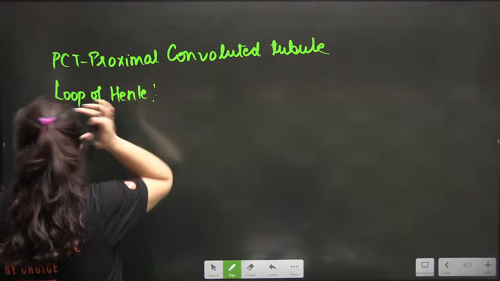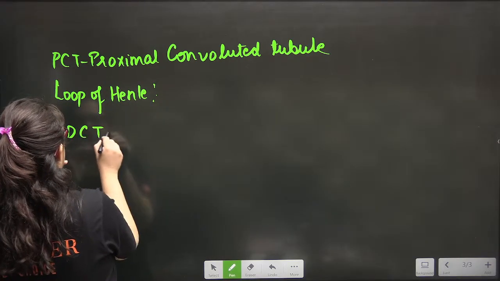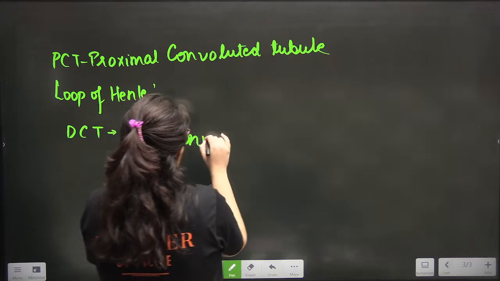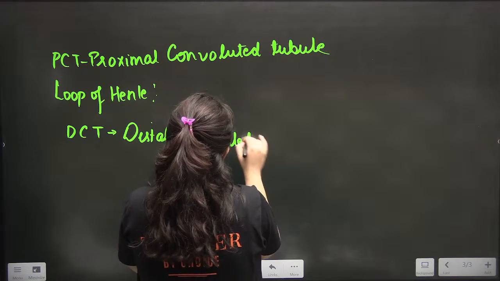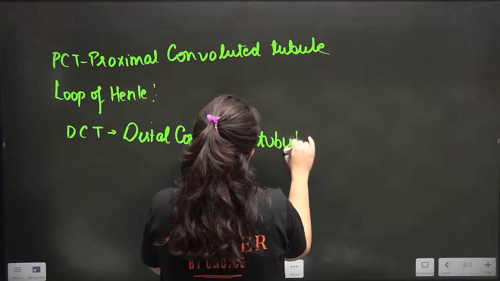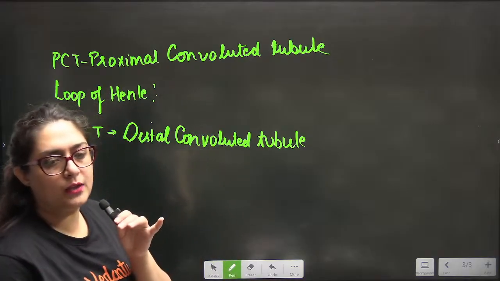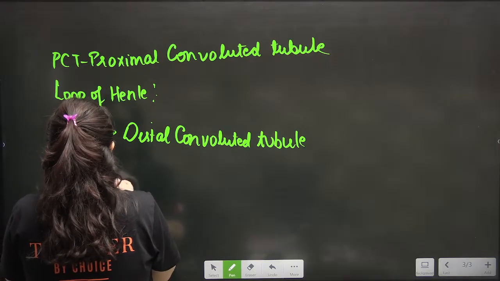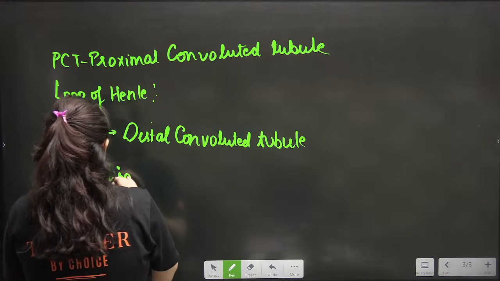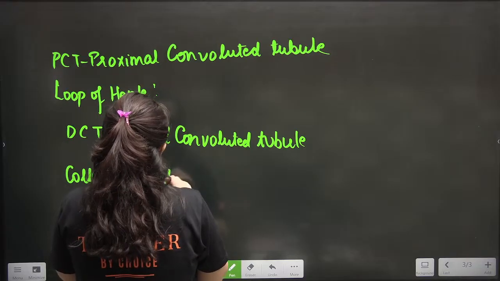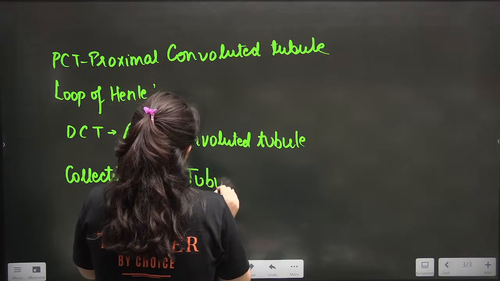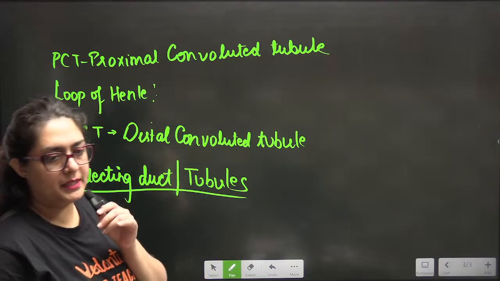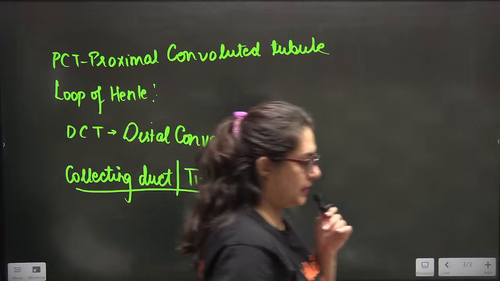Then DCT, distal convoluted tubule. Then collecting duct and tubules. Collecting ducts and tubules. Done. Is it clear?